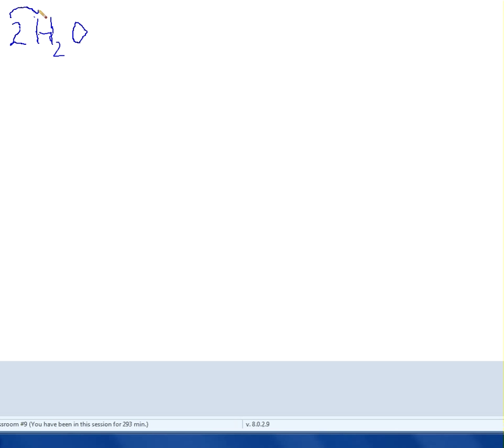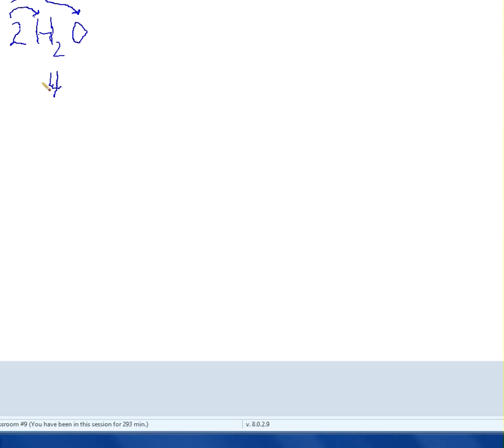So you have to remember that it goes to this. If I have a 2 in front of the H2O, it means I have 2 molecules of water. If somebody said, how many hydrogen atoms do I have, that 2 would go over and you'd multiply the 2 times the 2. I would have 4 hydrogens.